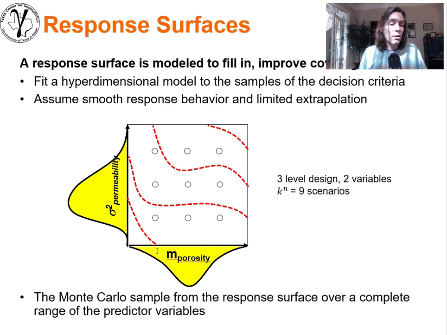When we do that, we have a response surface that describes the recovery factor as a function of the 2 variables of interest. Now, if you stop there, if you said, well, I'll just take the combinations of low, mid, high and sample that, that's my distribution of recovery factor, we would be in error.